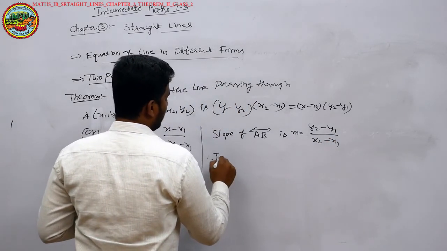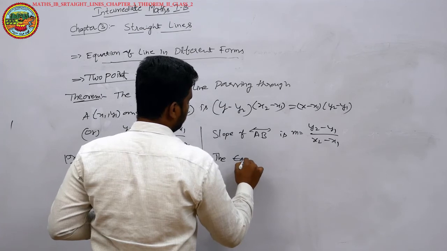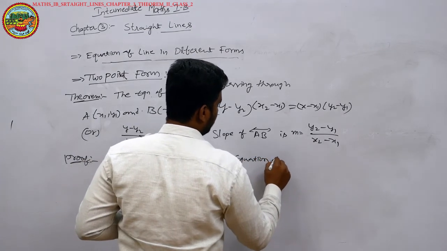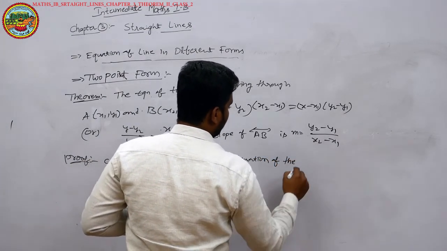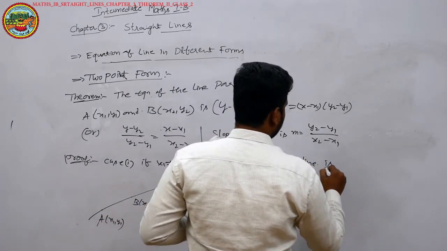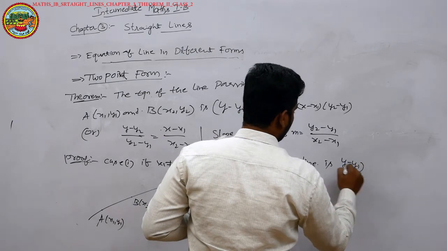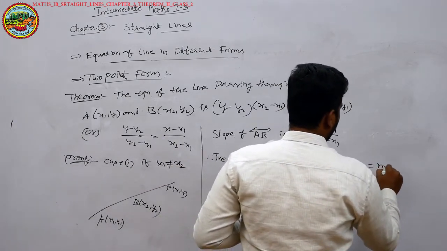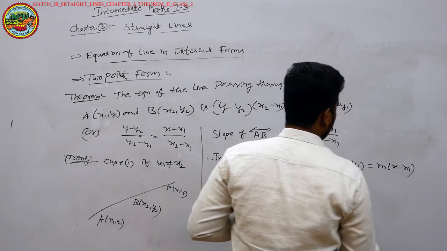Therefore the equation of the line is y minus y1 is equal to m into x minus x1.